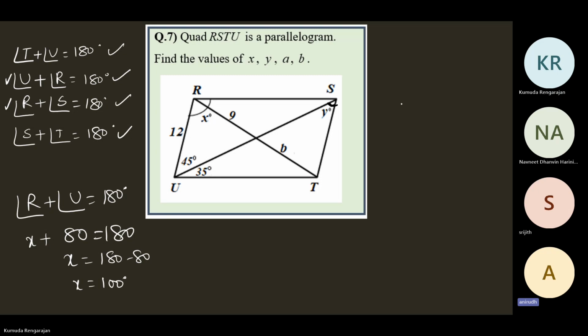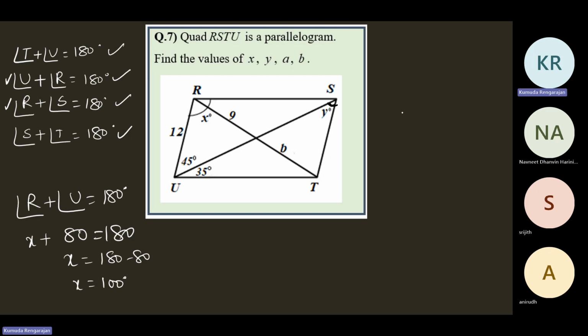No. Now the parallel lines and the transversal. Y is equal to 45 degrees, correct. Reason: alternate interior angles are equal. Which are the parallel lines and which is the transversal?